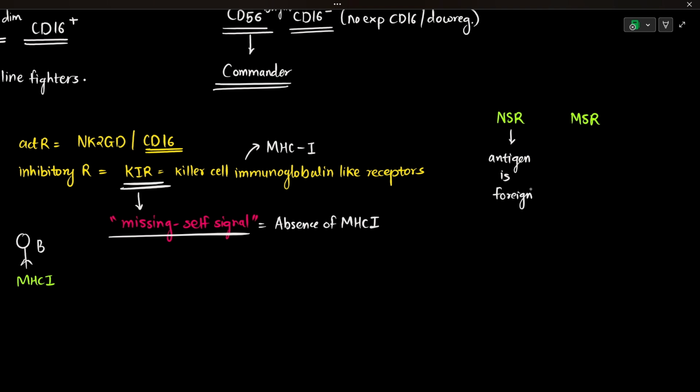That is known as non-self recognition. Whereas missing self recognition means the antigen is non-self, means it does not belong to... no, not antigen is non-self. Sorry, missing self recognition means that the self antigen is missing, right?